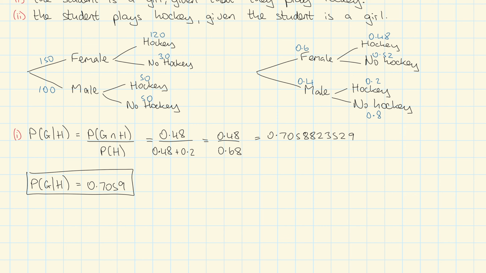Okay, and part 2 now. It was the probability the student plays hockey given the student is a girl. So it's reversed. We want the intersection again divided by the second one, so the probability we have a girl.